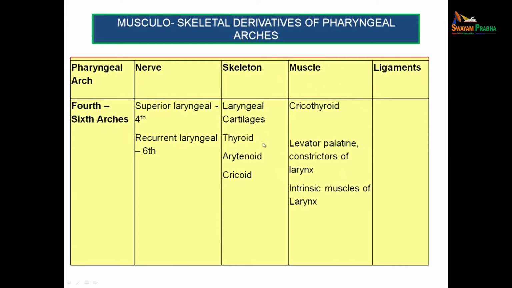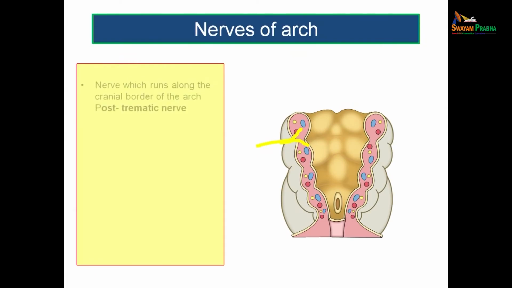So all these muscles are actually derived from the fourth and sixth arches. Cricothyroid is the only intrinsic muscle of larynx which is lying outside. So that is supplied by the external laryngeal nerve, whereas the rest of the intrinsic muscles of larynx are supplied by the recurrent laryngeal nerve. So all these nerve supplies can be explained with respect to the structures from which they are derived, especially the branchial apparatus here.